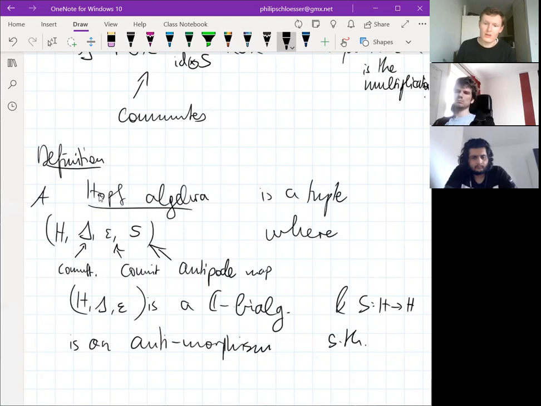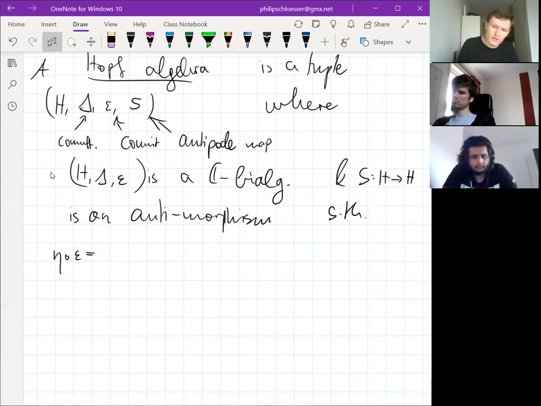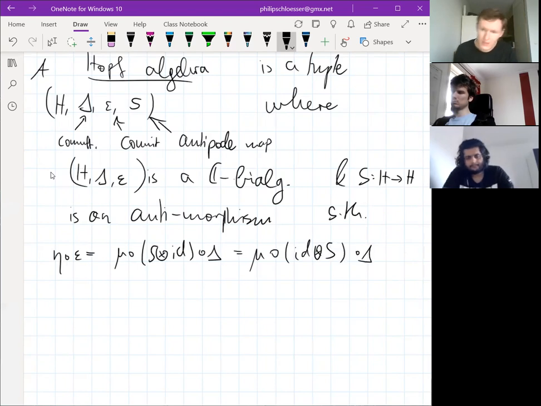Such that eta after epsilon is equal to mu after S tensor ID after delta is equal to mu after ID tensor S after delta.